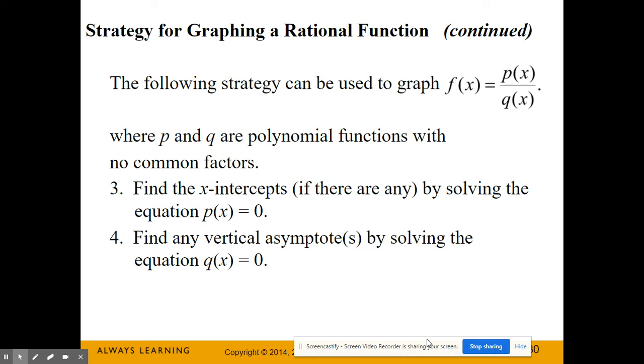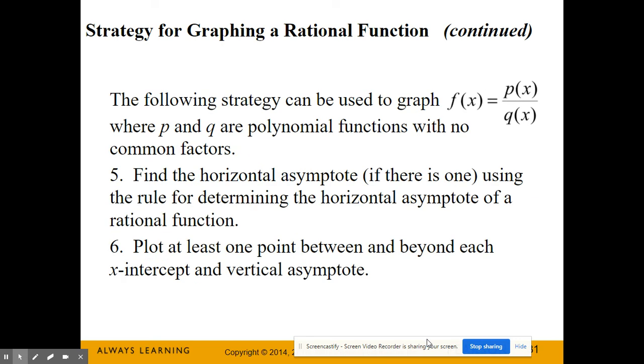You're going to then find the x-intercepts, if there are any, by solving the function when you set it equal to 0. Specifically the numerator, I apologize. And then you find any vertical asymptotes by solving the equation of the denominator equal to 0, which is what we've been doing.